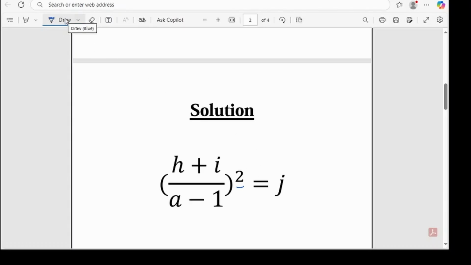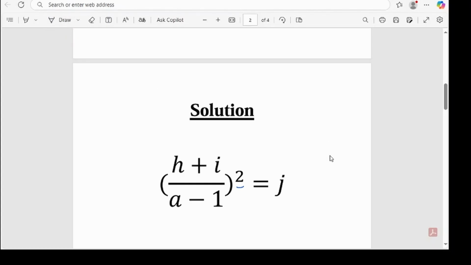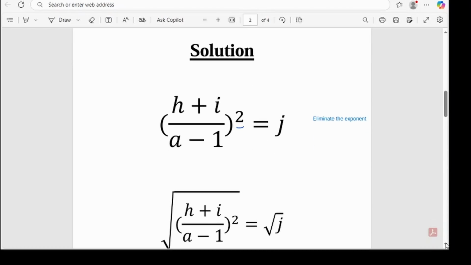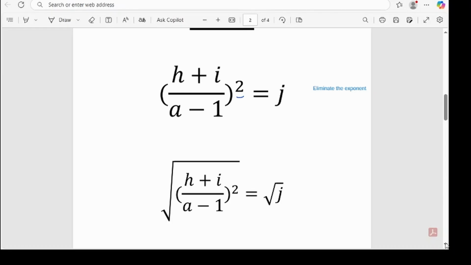So in order for us to eliminate the exponent, we have to find the square root and apply that principle to each side of the equation.